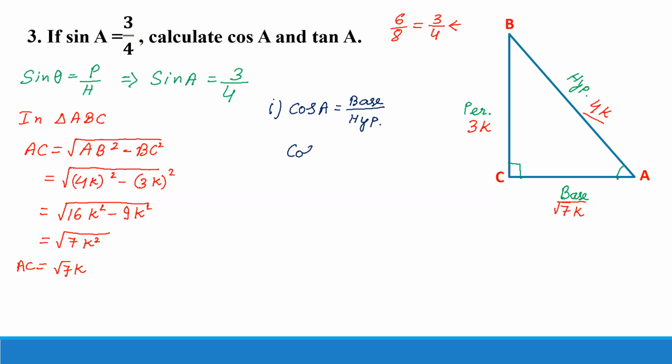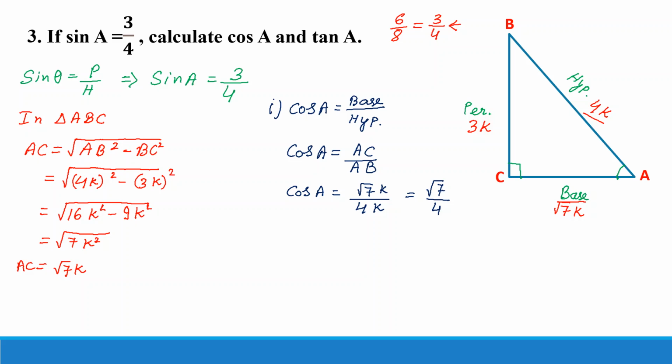So cos A will be base, that is AC, upon hypotenuse, that is AB. By putting the values of these sides, AC is root 7 k, AB is 4k. On simplification, when k gets cancelled out, we get root 7 by 4.